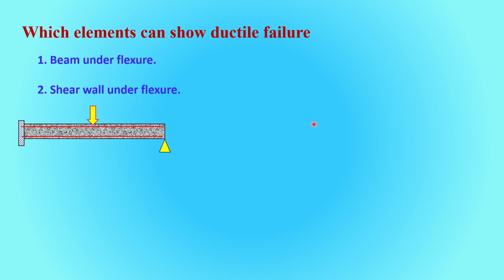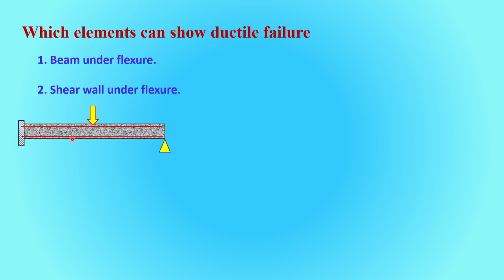So what are the elements which can show ductile failure? There is a question. The beam under flexure will be failing in a ductile manner as we have experienced. Shear wall under flexure will be failing in a ductile manner. So let us see, a beam is considered here which is a propped cantilever. This side is fixed, then this side is over a hinge having a central load, so it will sag downward.